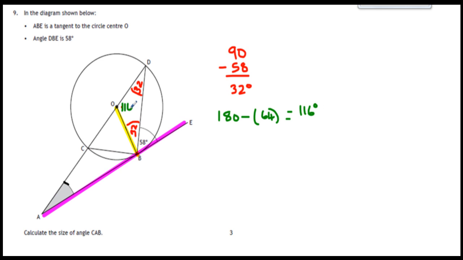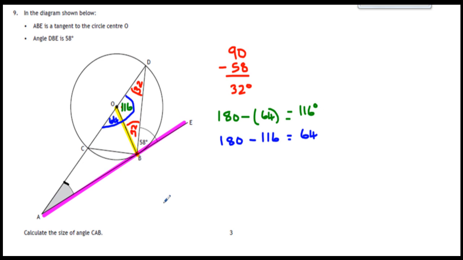Now, I want this one in here. Okay, so I'll change that into the blue one. There is a straight line going from there right the way around to there. A straight line adds up to 180, so I've got 180 degrees, and I want to take away that 116. It's connected to the one above. The answer is 64 degrees, so I can fill in 64 degrees in there.